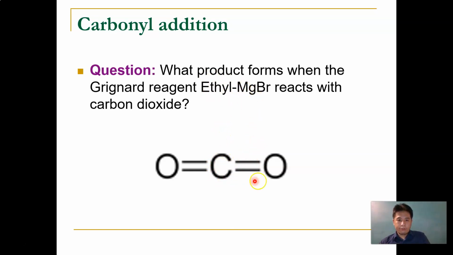And because it reacts with a carbonyl group, it becomes an OH. So carbonyl with OH becomes a carboxylic acid, so it becomes propanoic acid. When it becomes propanoic acid, it is no longer a carbonyl group, because it has become a carboxyl group. So Grignard reagents cannot react with carboxyl groups, they can only react with carbonyl groups. That's why it becomes propanoic acid.